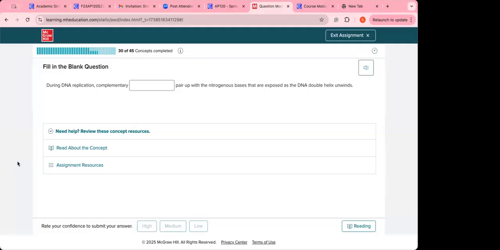Complementary blank. Let me see. It must replicate.